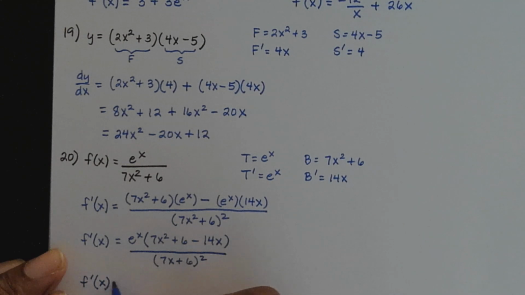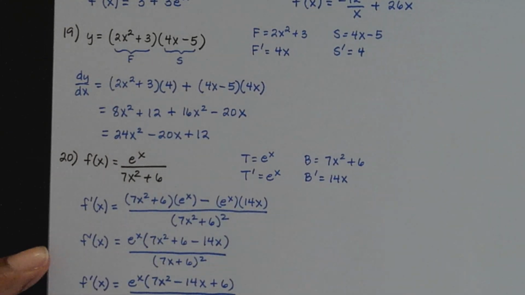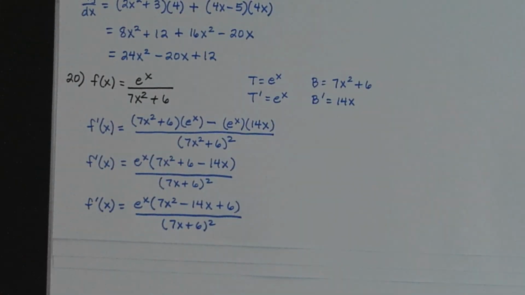And I'll just rearrange some terms here. So have the e to the x on the outside. The inside, I'll write in descending powers. 7x squared minus 14x plus 6. Whole thing divided by 7x squared plus 6 quantity squared.